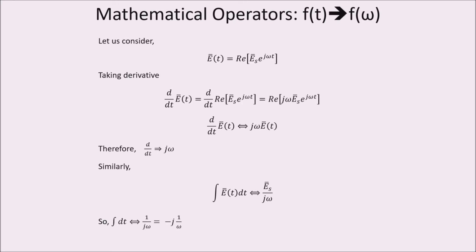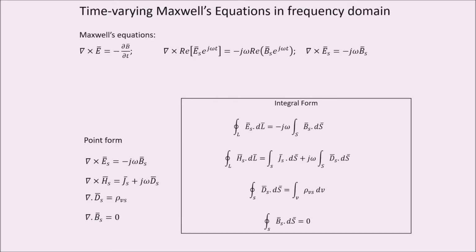Therefore, we can easily replace such derivative and integral operators in the frequency domain. Look at the mathematical workflow for obtaining the frequency domain equivalent j omega for the derivative d over dt. Similarly, 1 over j omega is the frequency domain equivalent for the integral of a sinusoid.